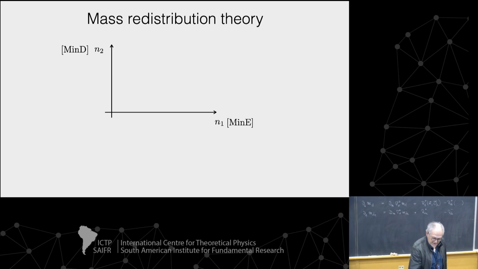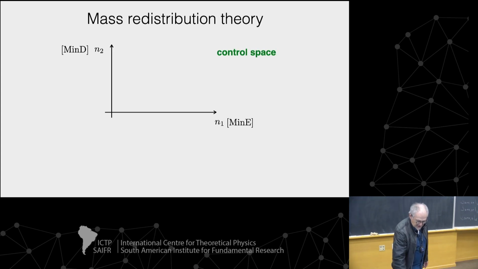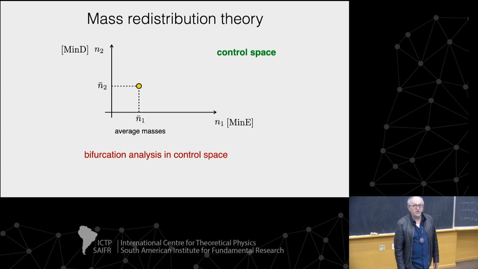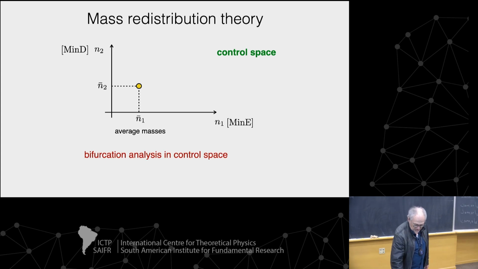Let's do that. I call that control space, just to be clear in names. You pick a certain concentration. The yellow dot is one particular realization of your system. And now you do a bifurcation analysis in that control space of the concentrations.